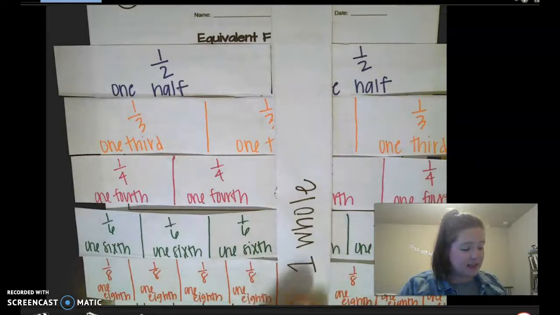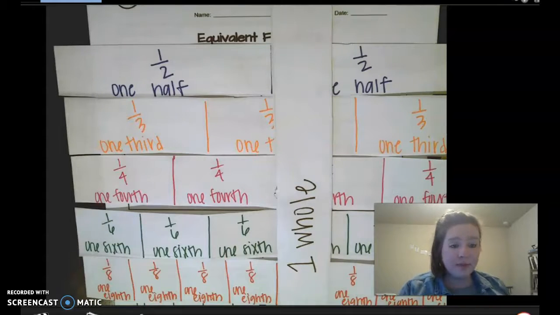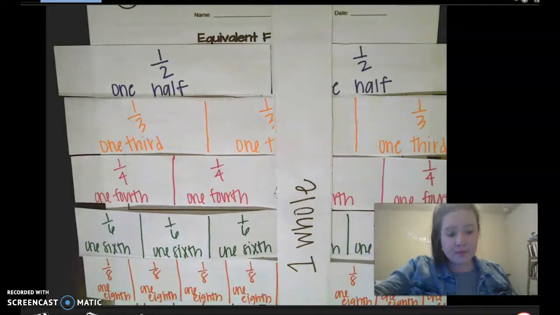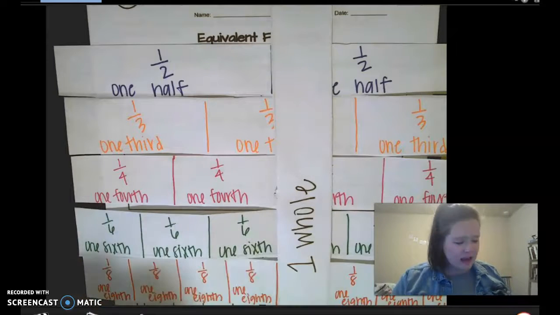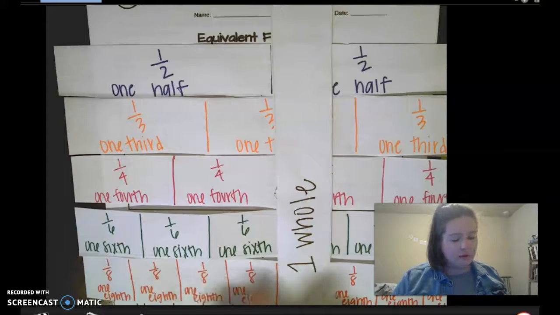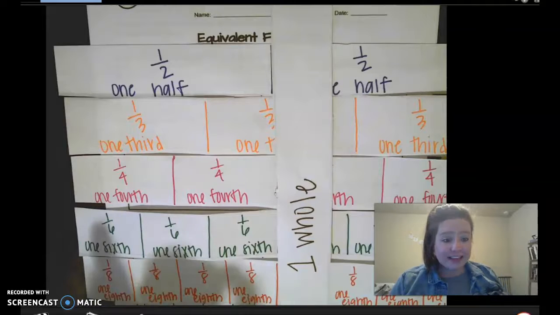Is 1/2 the same as 3/6? Are those equivalent? Yes, 1/2 is the same as 3/6. And what about 1, 2, 3, 4? 4/8. Is 1/2 the same as 4/8? Good. 1/2 is the same as 4/8.